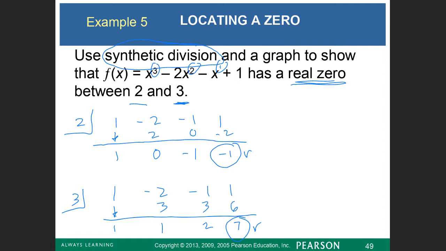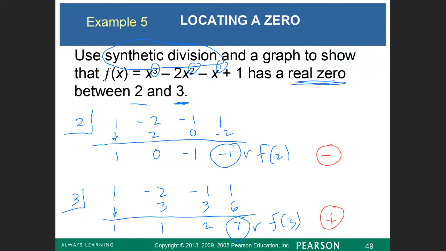We have our f of 2 here, and our f of 3 here. And just look at the sign. So here we have a negative, and then the other one has a positive.